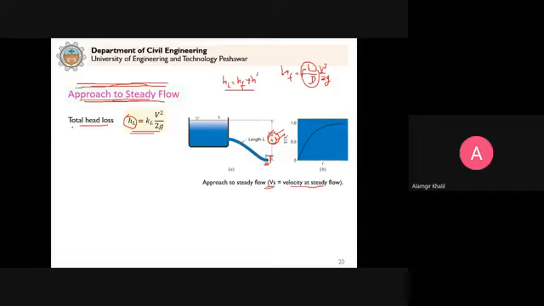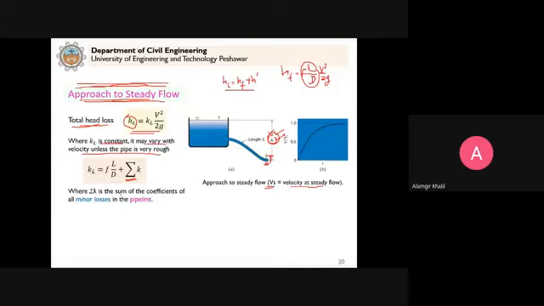So this is the total head loss, where K L is a constant and it may vary with velocity unless the pipe is very rough. So this K L is equal to f L by D plus summation of K. This summation of K is the sum of the coefficients of all minor losses in the pipeline that we studied in chapter 8. Consider everything that comes in the problem.